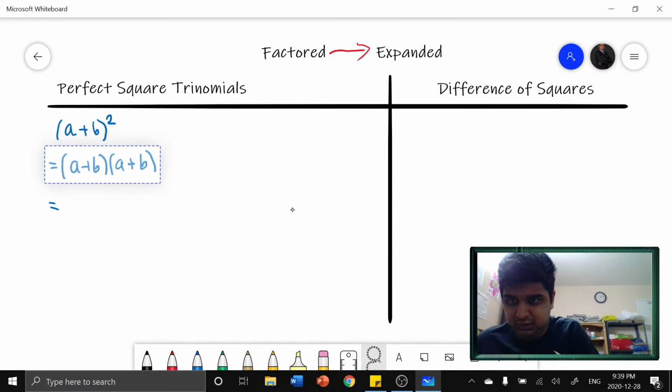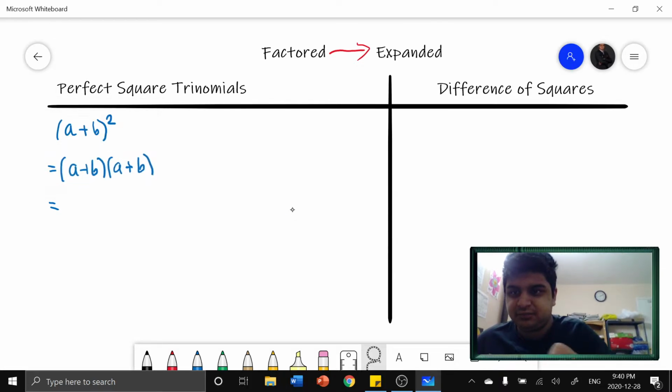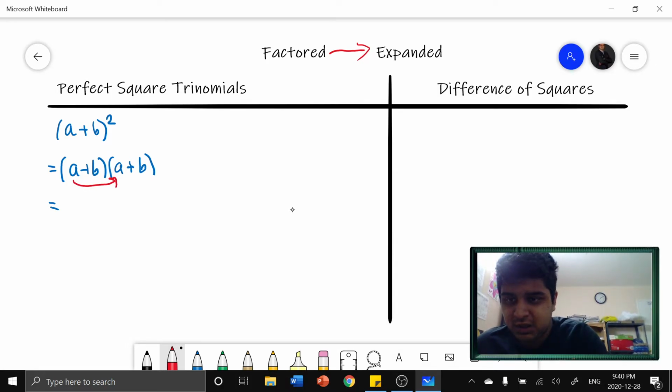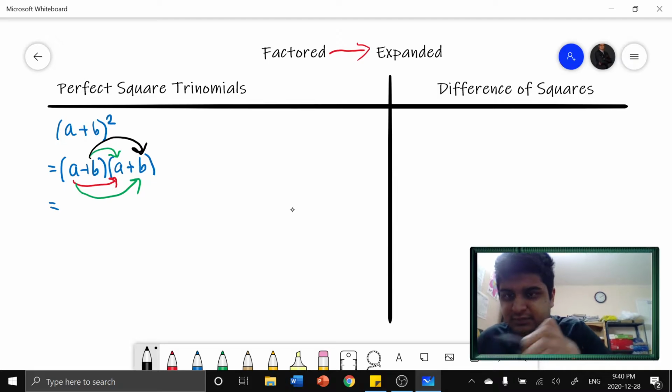All we need to do is multiply the first two, the outer two, and I'm going to use this green color for this, and I'll show you why in a second, the inner two, and of course the last two. And let's go ahead and multiply these out.